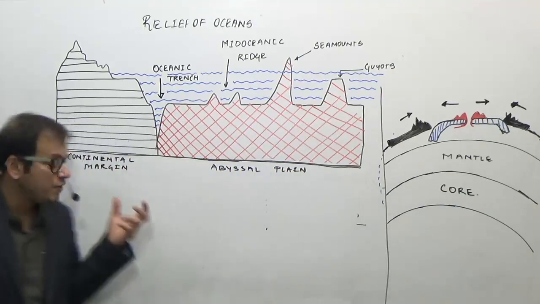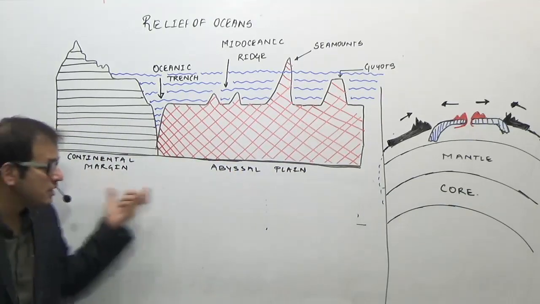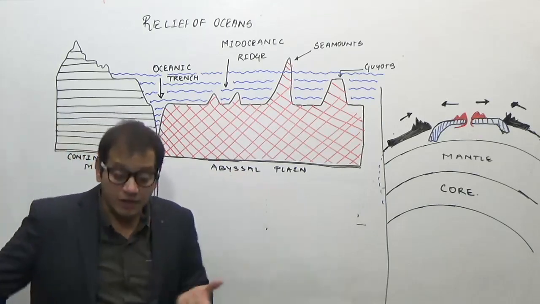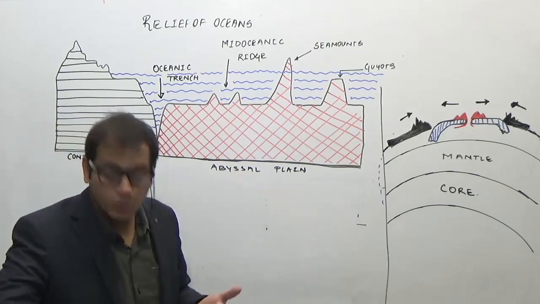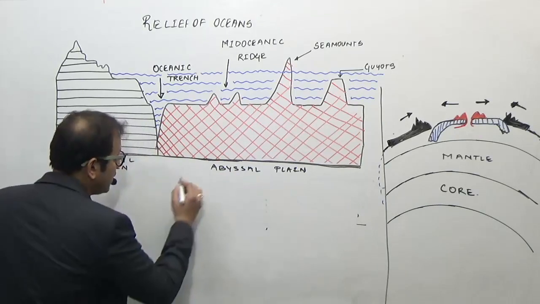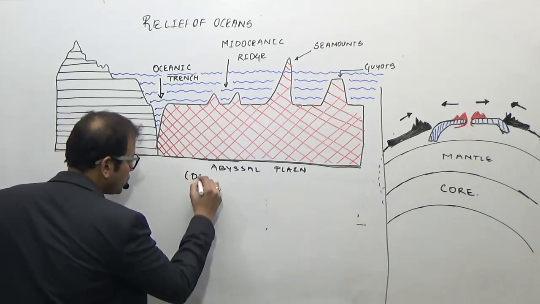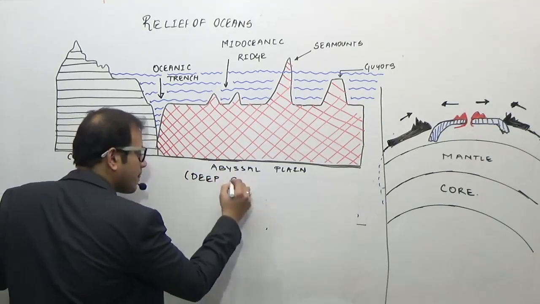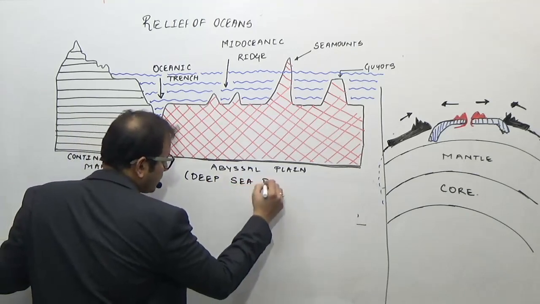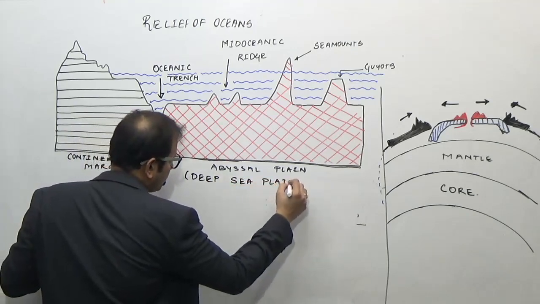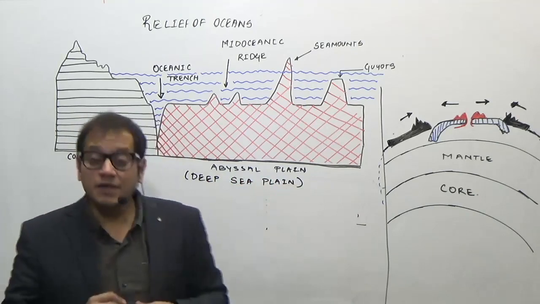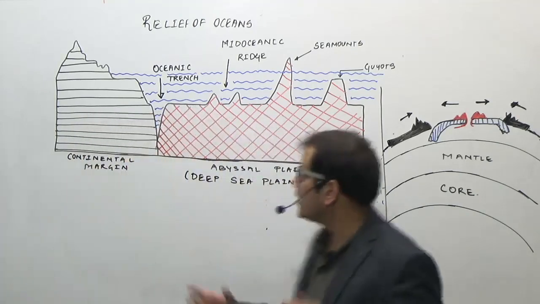One which is made up of a continent or continental margin, and the other which is made up of an oceanic part, an oceanic crust, which is known as a deep sea plain or also as an abyssal plain. At the same time, in the previous lecture, we even studied what these continental margins are.